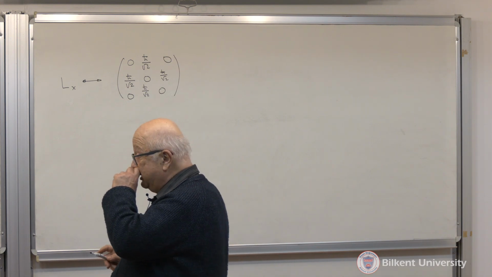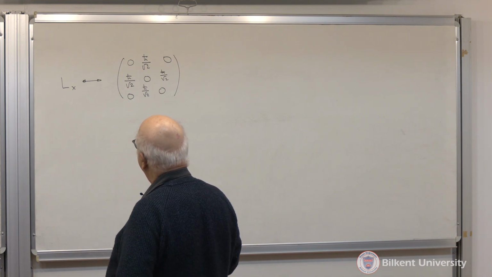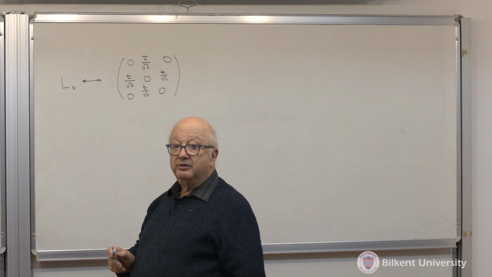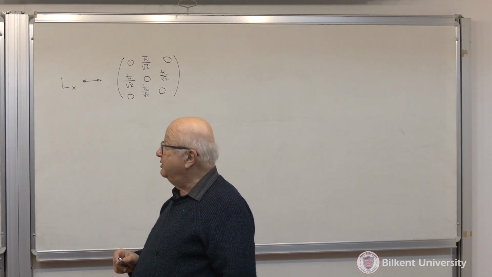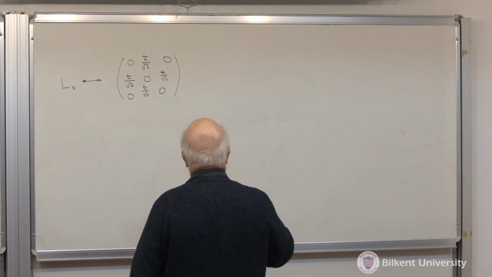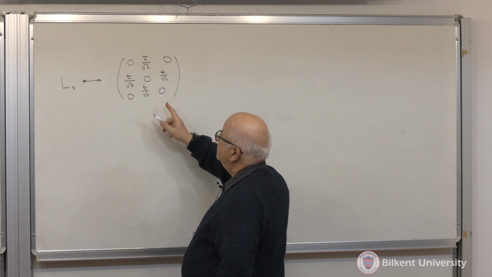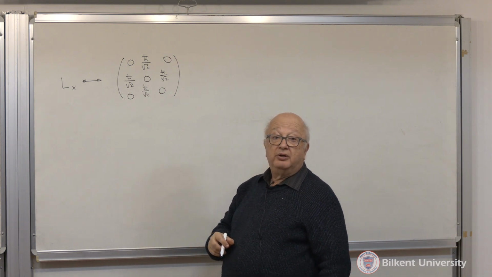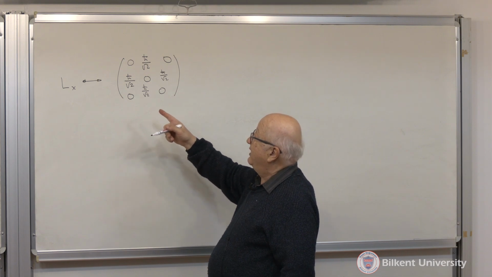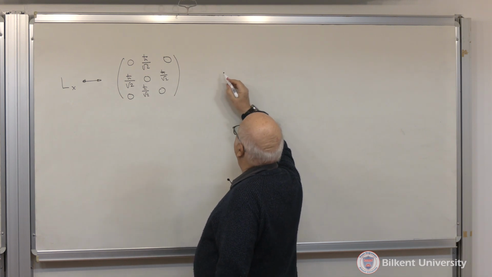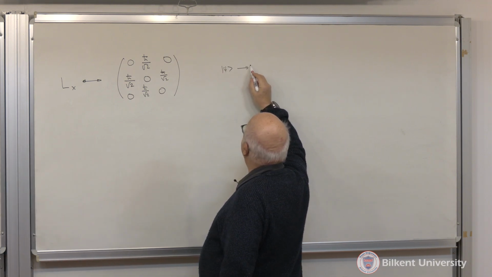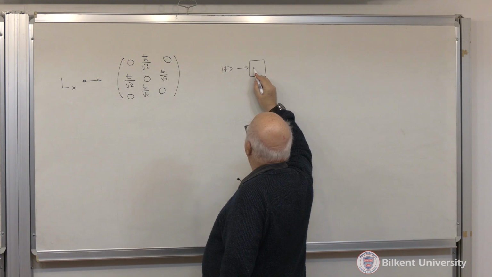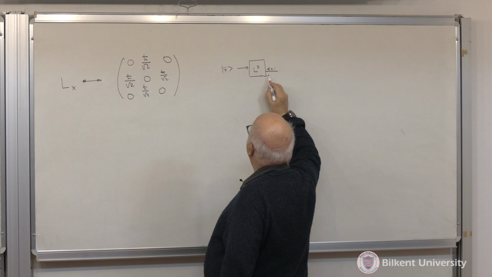So let's find its eigenvalues and eigenvectors. Why am I interested in this? Because these will represent the result of a measurement in which I measure this Lx. Remember our scenario: we have this general psi which comes in, and I first measure L squared, and I pick out the L equal to 1 component.